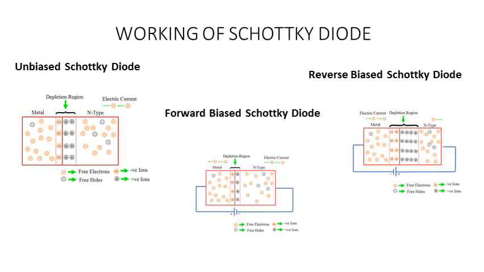Looking at the working, under an unbiased condition in a normal mode, as soon as you fuse the metal and the N layer, you have a smaller amount of depletion layer. It won't be a bigger one as you usually get in a PN diode, but you will still have a reasonable amount of depletion layer. Once you connect it in a forward bias, this depletion region also starts thinning and disappearing.